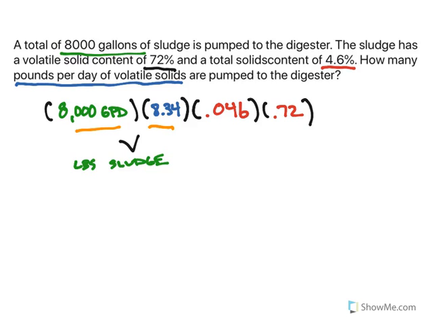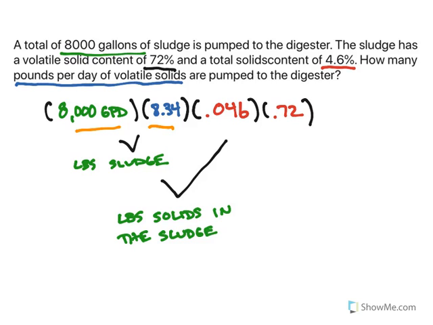Then we multiply by 0.046, which is going to give us pounds of solids in the sludge, because it's only 4.6% solids.